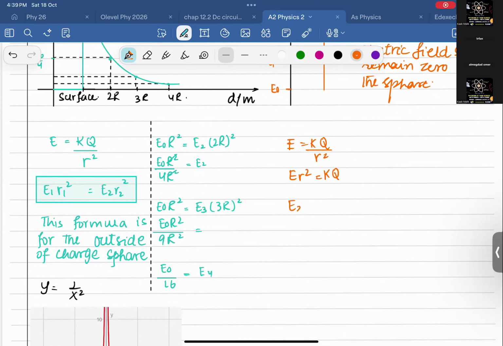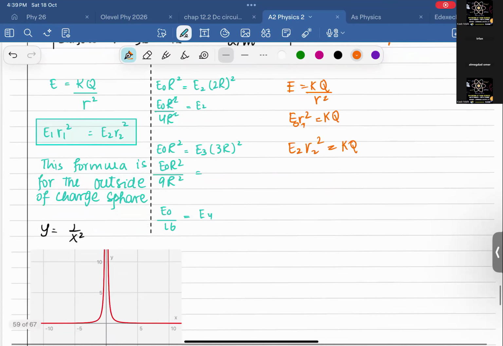So E2 R2 squared should be equal to K2. Now I can equate the two formulas, and I can say that if I write E naught times R1 squared, which is in the form of R, is equal to E3.